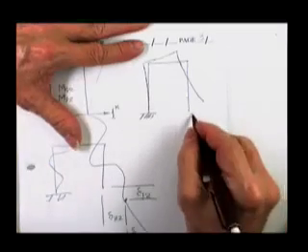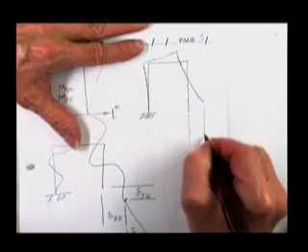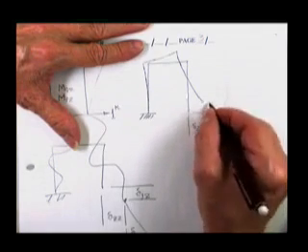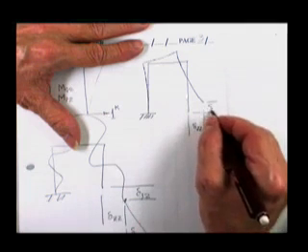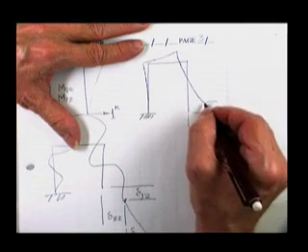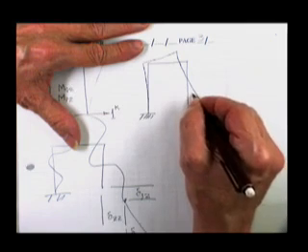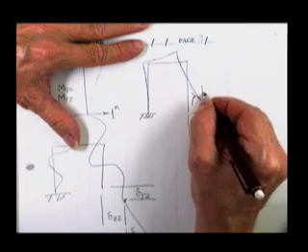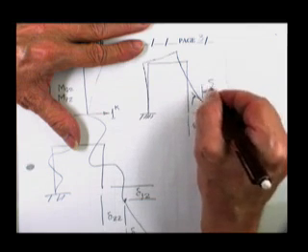This is probably more likely what it really looks like. That's delta 2, 2. That's delta 1, 2. And this angle right here, in radians, is delta 3, 2.